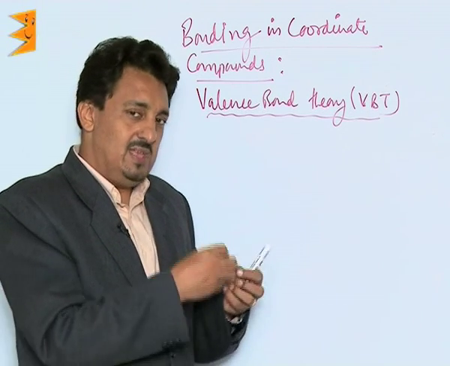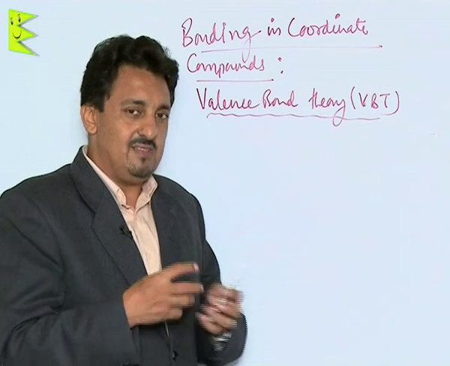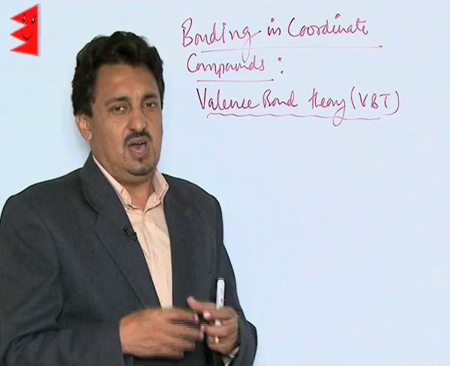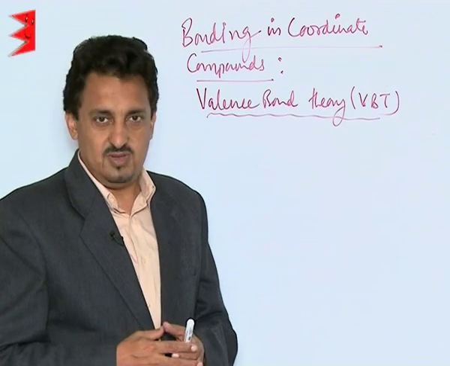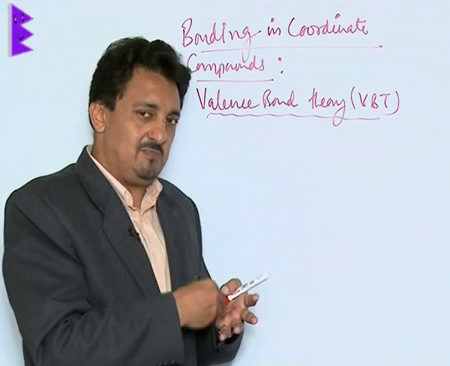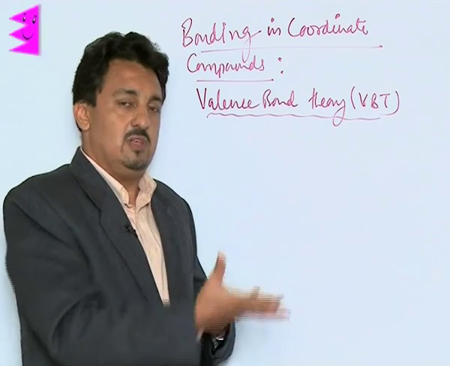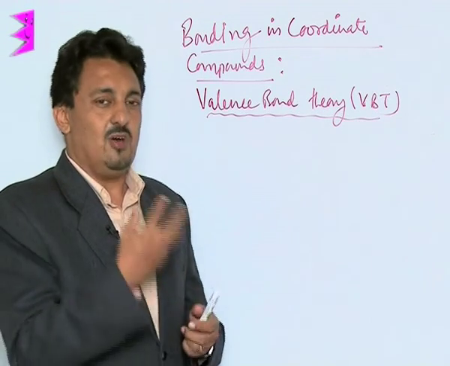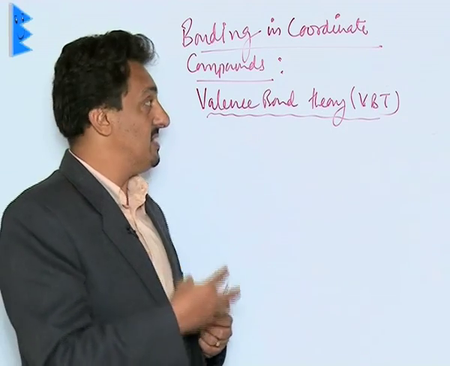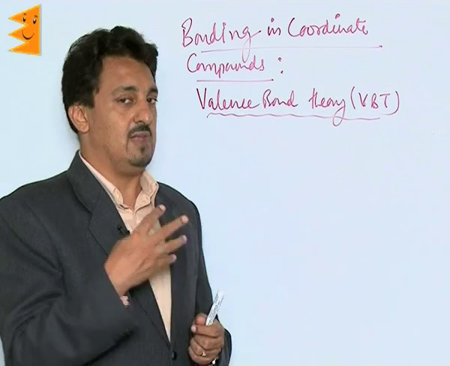In that way the s, p, d orbitals in different combinations are used, and accordingly different structures of these coordination compounds are formed. Whether the pairing of the electrons takes place or not depends on the strength of the ligands coming, and that is predicted as per this theory on the basis of their magnetic moment data.